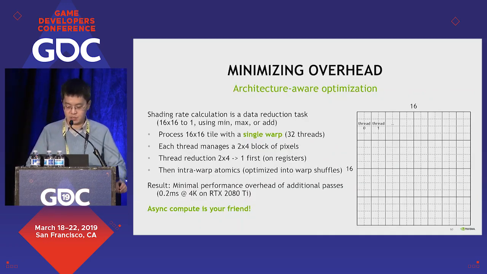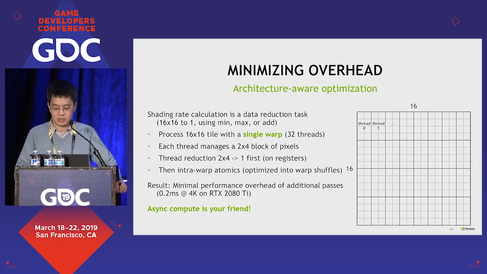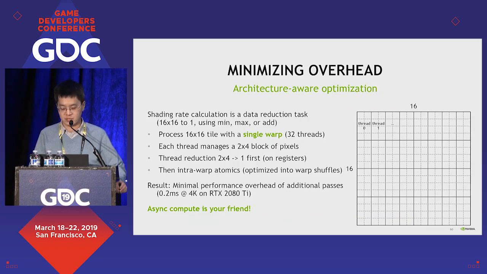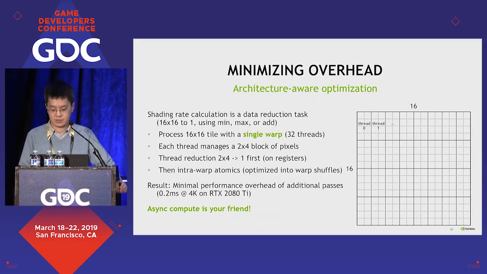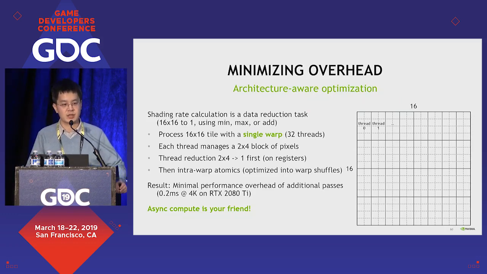There's some architecture-aware optimization that we designed for NAS. Since shading rate calculation is primarily a data reduction task from 16 by 16 pixels to 1 shading rate, we need to be very careful in the implementation to make it efficient. So the way we do it is to process the entire 16 by 16 tile in 1 single warp, which is 32 threads on our architecture.